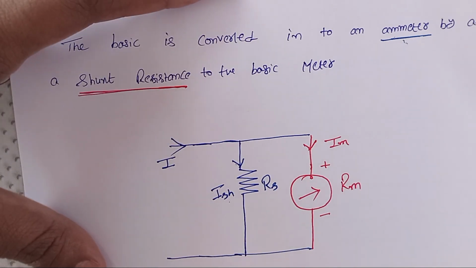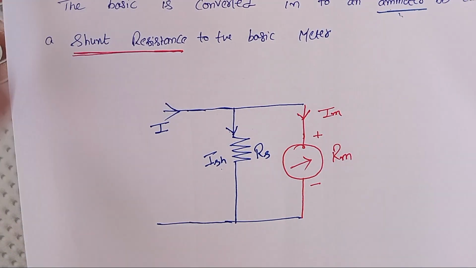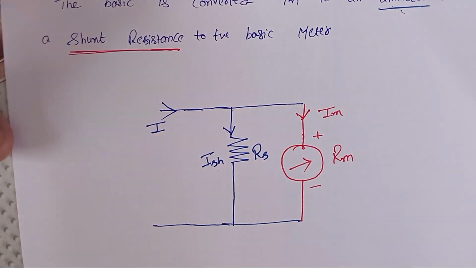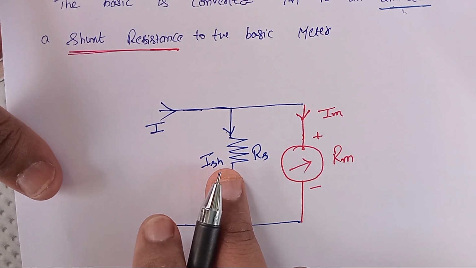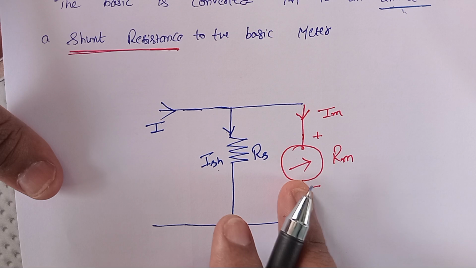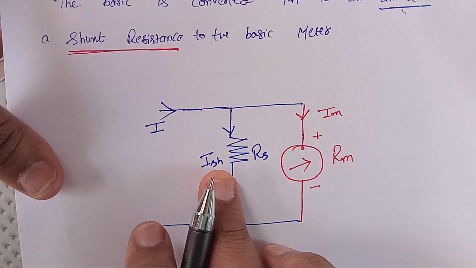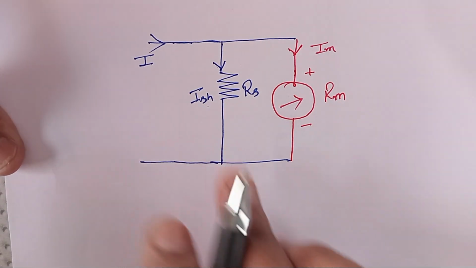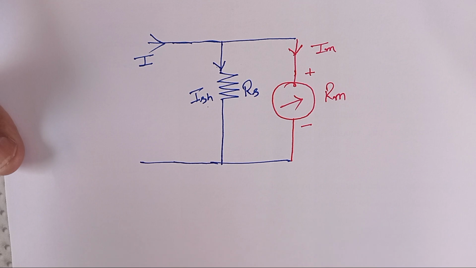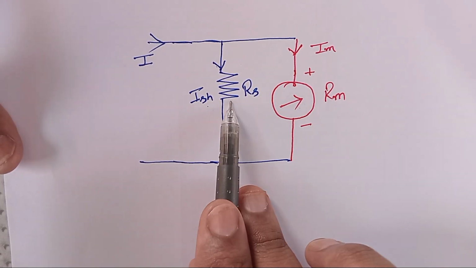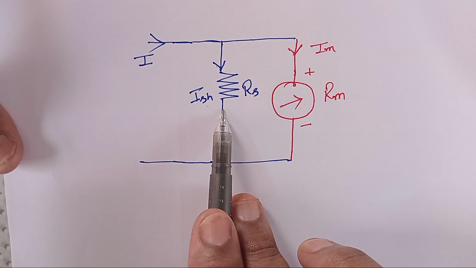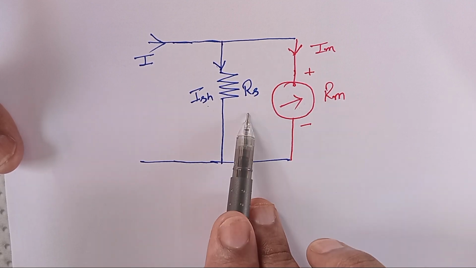So with this, now I can calculate how much resistance should be added in parallel with the meter to convert this basic meter into an ammeter. For that, we have to make a simple analysis. These two branches are parallel to each other.